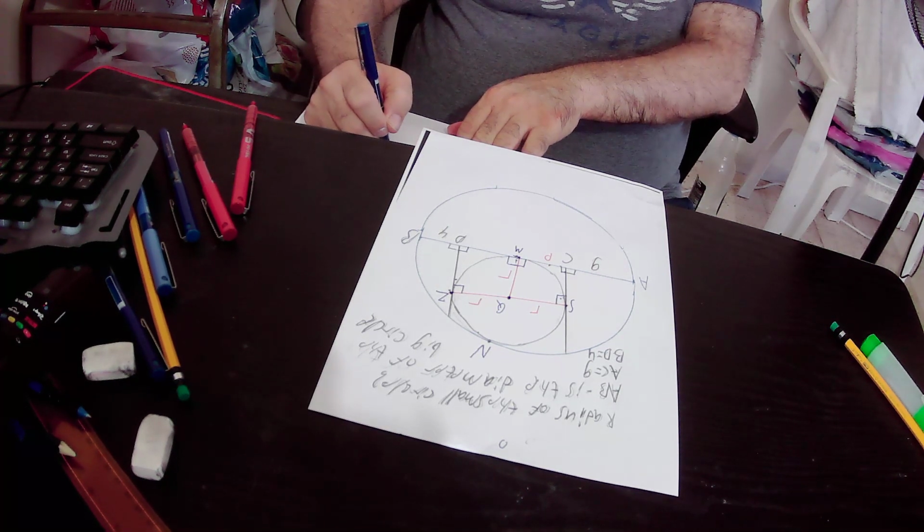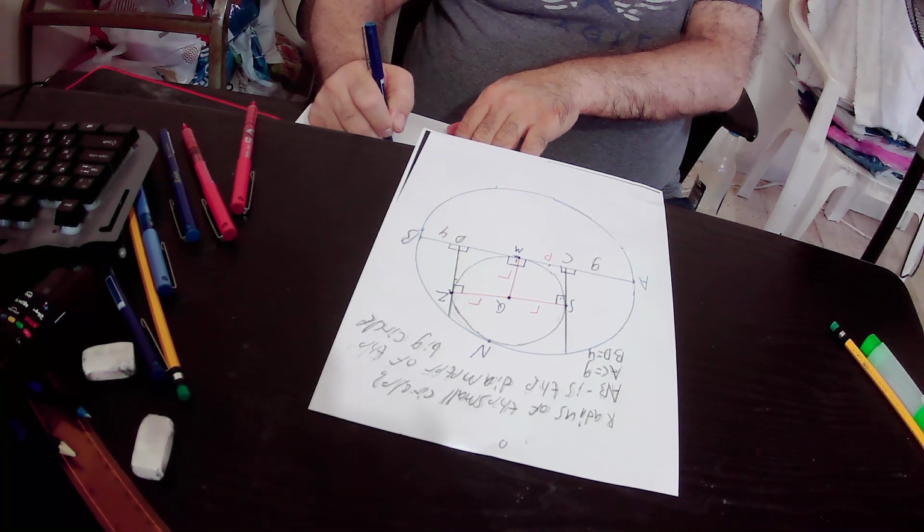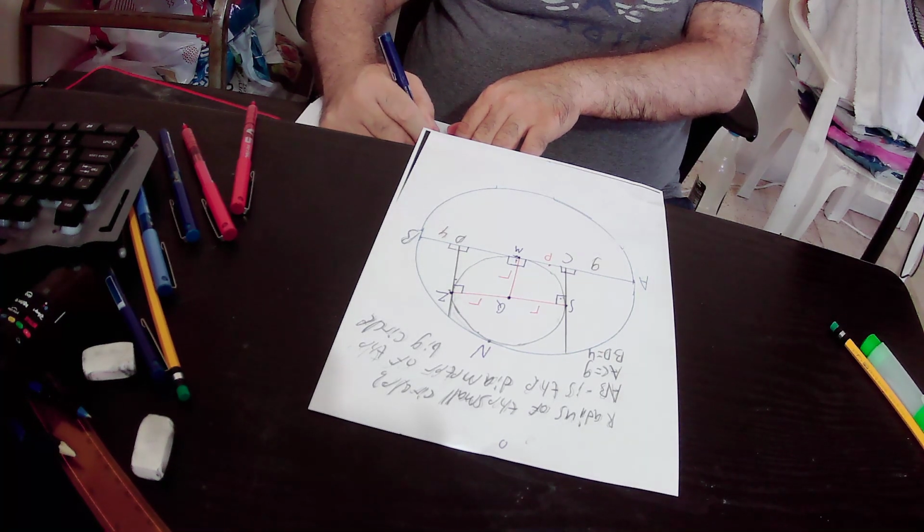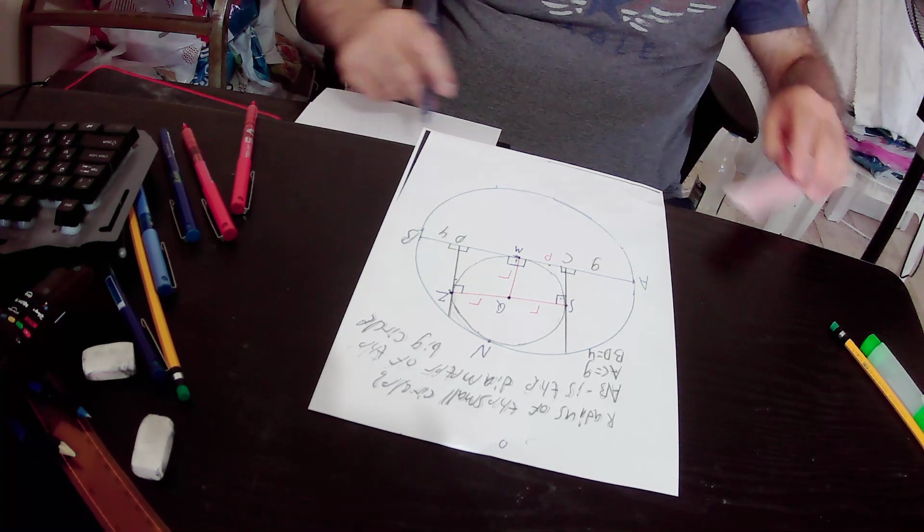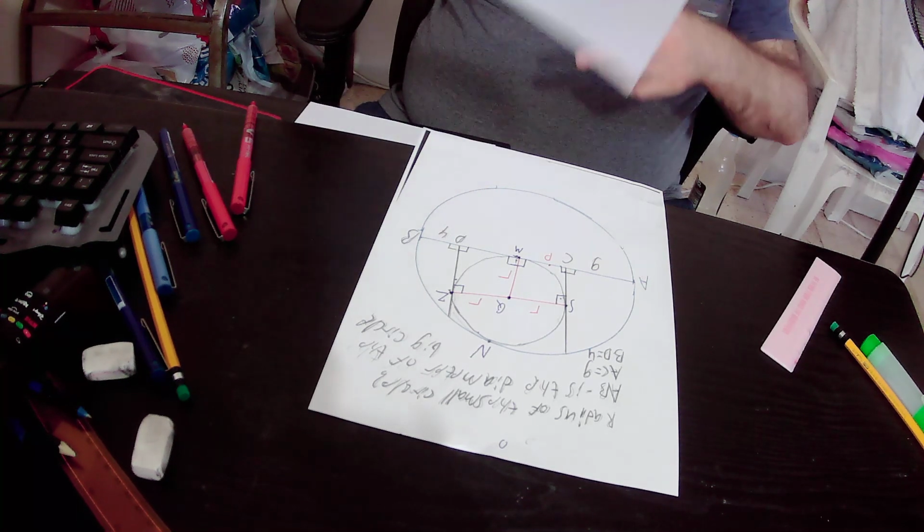And we have rule number 2 that states that the sum of the angles in a quadrilateral is equal to 360 degrees. Okay?